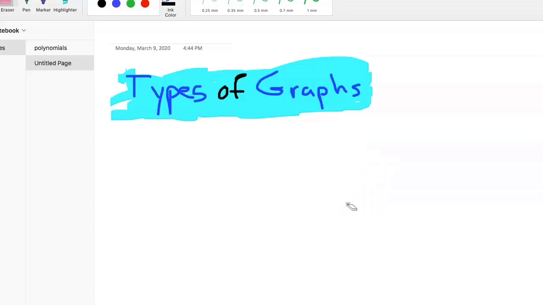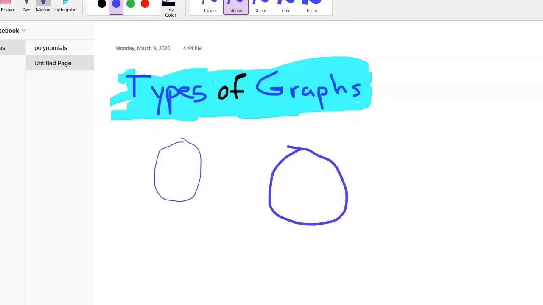Okay, we got two more. Pie chart, this is probably the easiest one to remember. And you got a pie chart, looks something like that. Okay, so I got a pie chart like that, and the pie chart is just dividing up, like, maybe it's how I budget my money, right?